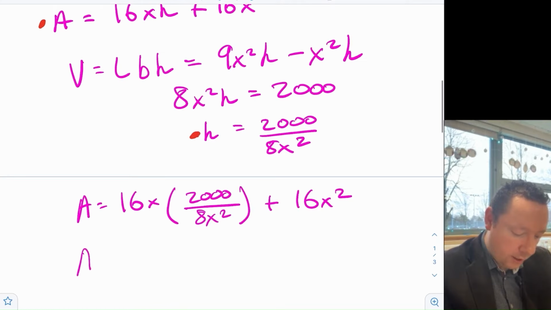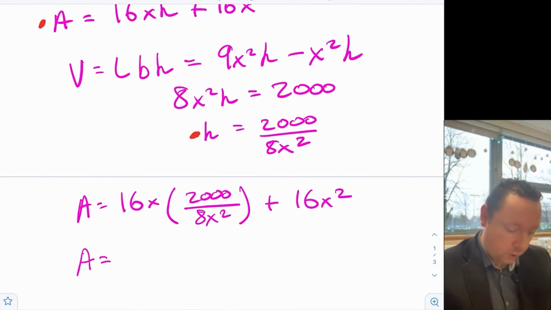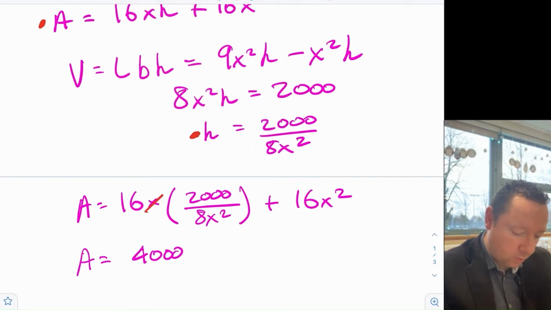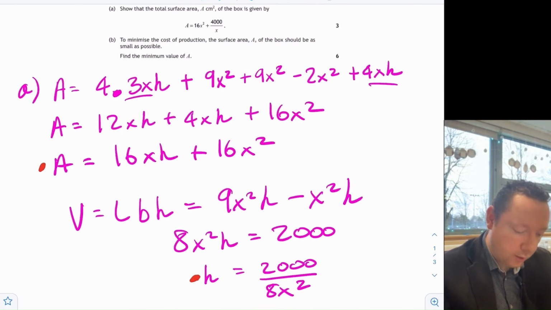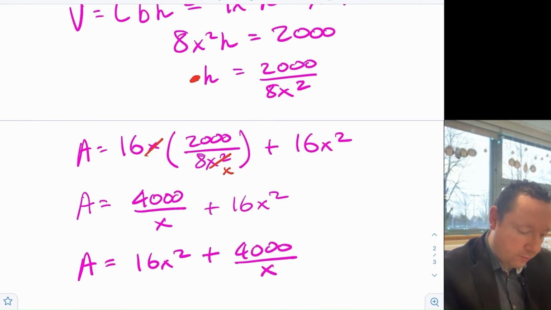Using a calculator, 16 times 2000 divided by 8 is 4000. So we get 4000 on the top. And we've got cancellation to do, x on the top, so x squared becomes x. So we get x on the bottom, plus 16x squared, or writing it in exactly the same way we wanted, 16x squared plus 4000 over x, which is just exactly the same as what I've just already got. And there's your third and final mark.